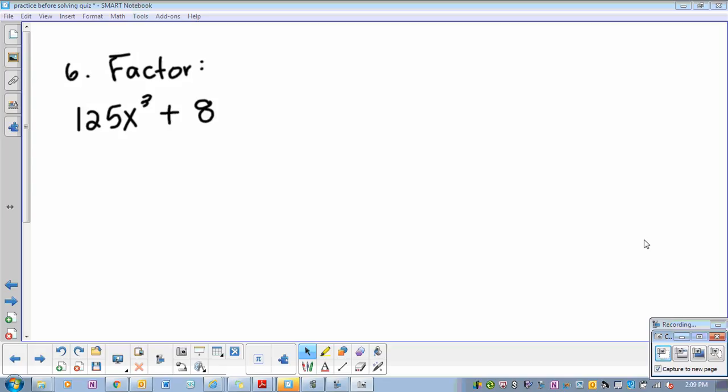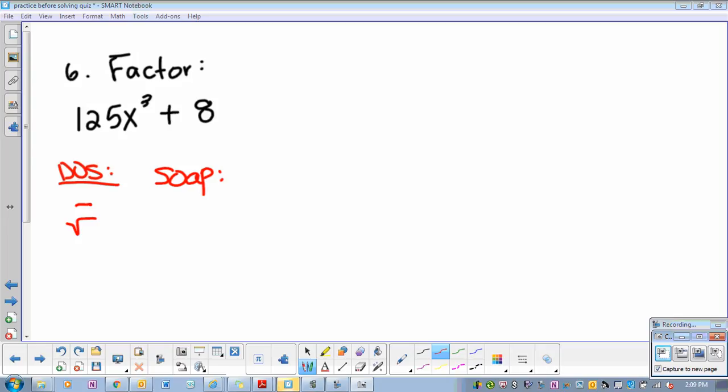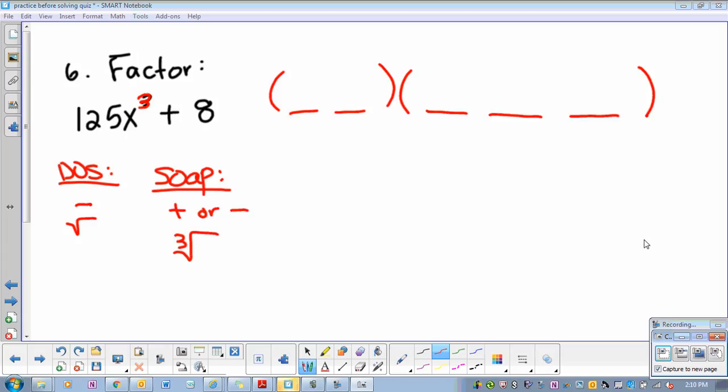It cannot be DOTS because DOTS needs to be a subtract, 2 terms, and perfect squares, right? You can square root it and get a nice pretty number, non-decimal. But SOAP could be plus or minus. The biggest thing is that they're all perfect cubes. And that exponent right there, the 3, tells me that it's going to be a SOAP. All right? So this is a SOAP, and SOAP has that special situation, the 2 and the 3, right?